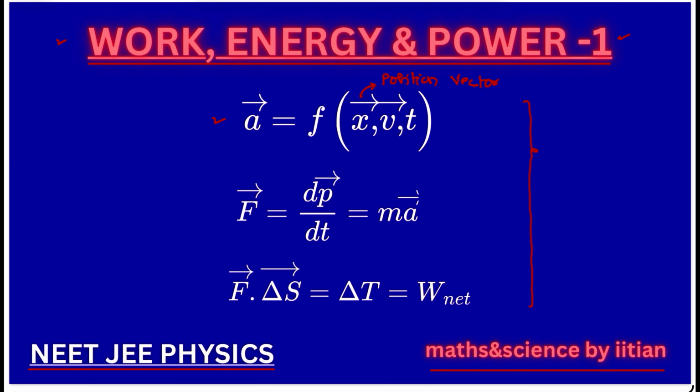I will just define what is a position vector. v is the velocity vector and t is time. Acceleration is a function of position vector, velocity vector and time.